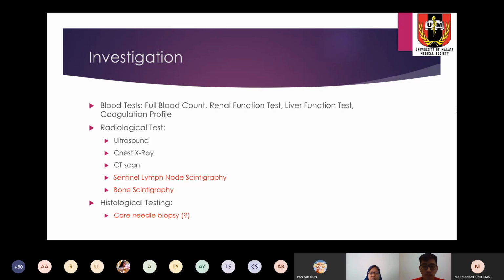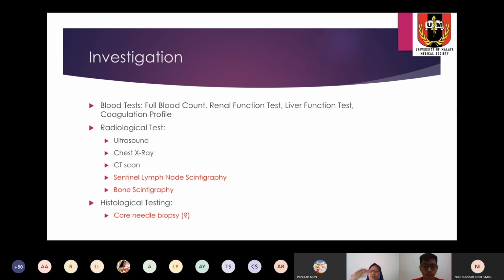But if the patient is stage 3 or stage 4 by clinical assessment, for example you suddenly feel a lymph node in the contralateral side, that is already metastasis, so it's considered M1. So you should do a CT staging, or if it's locally advanced disease, you should also do a CT staging.